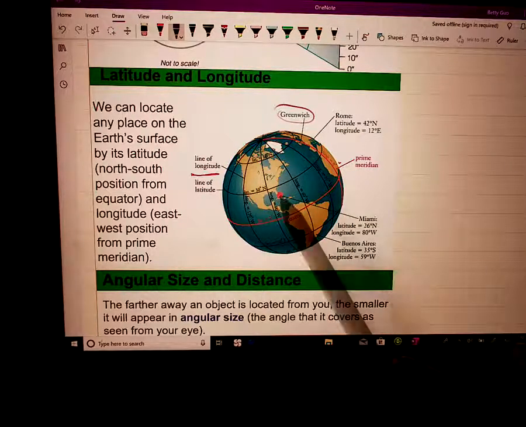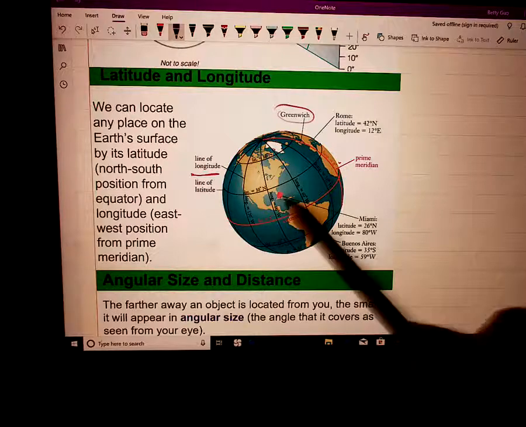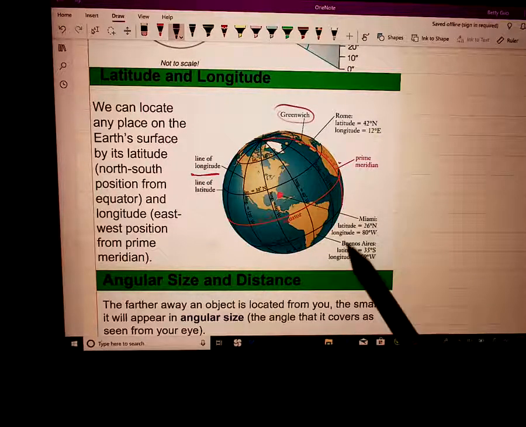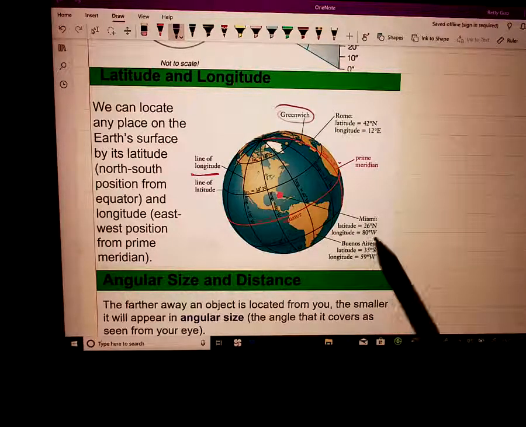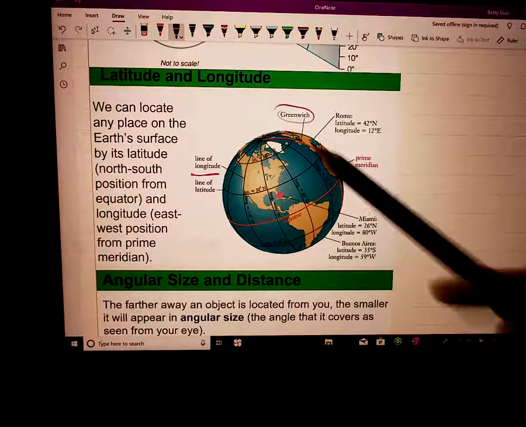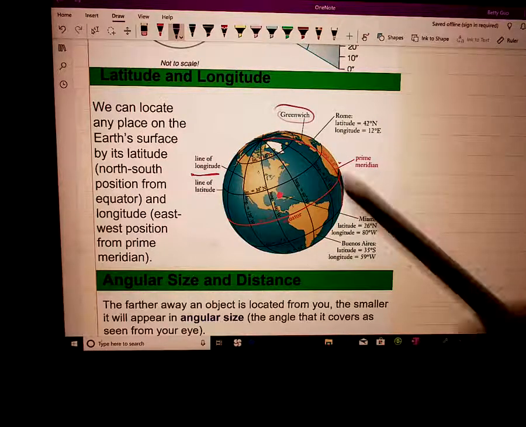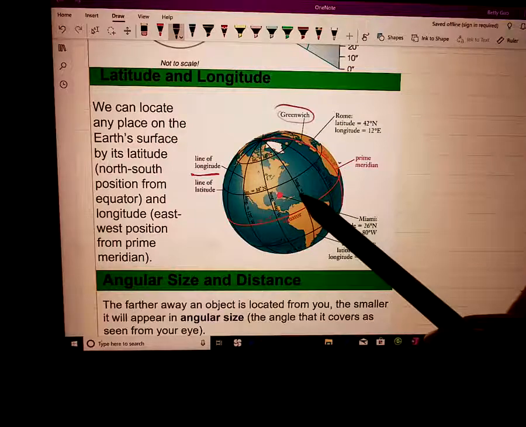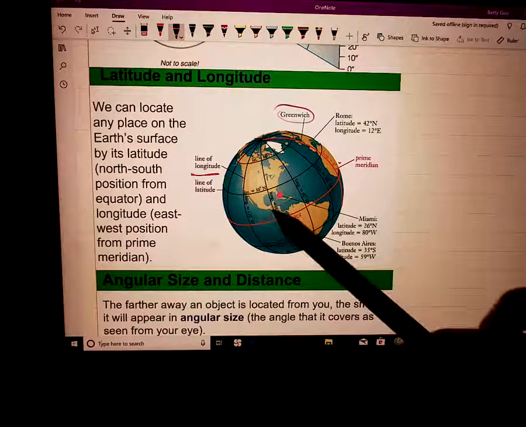26 degrees north. Since Miami is to the west of the prime meridian, the longitude of Miami is 80 degrees west. So this is the prime meridian. This is 30 degrees west, and this is 90 degrees west.